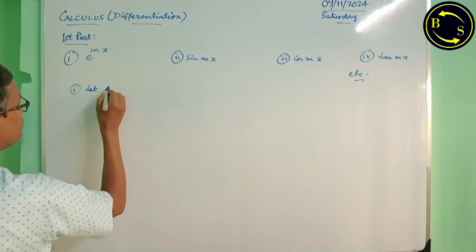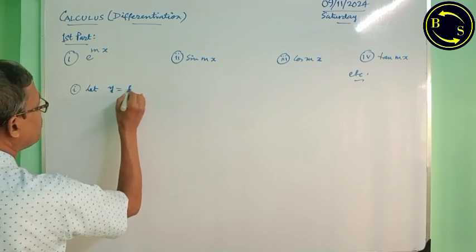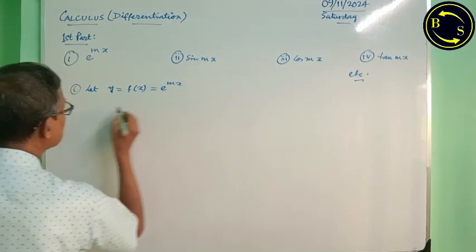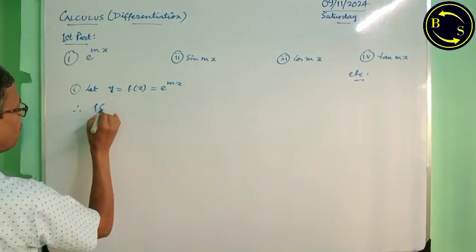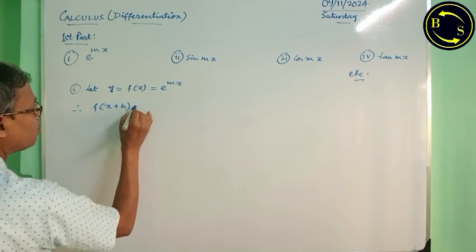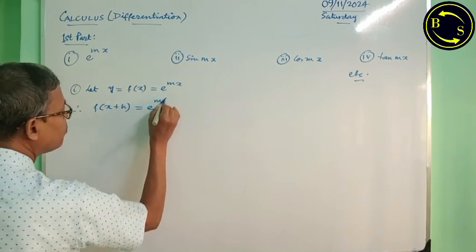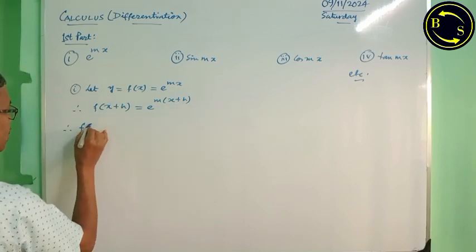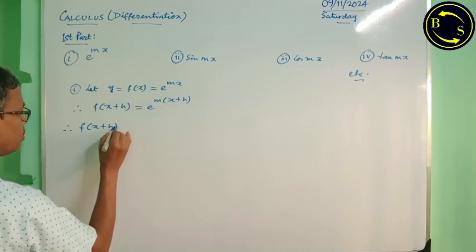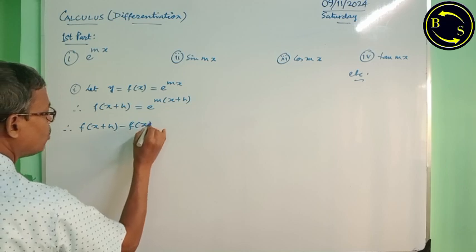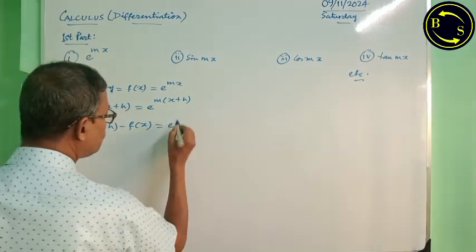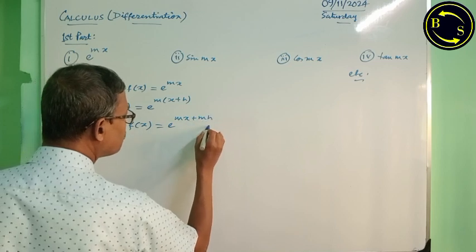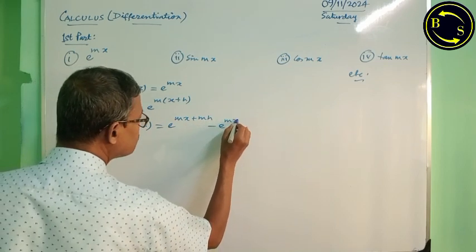Let y equal to f(x) equal to e to the power mx. Therefore, f(x plus h) equal to e to the power m(x plus h). Therefore, f(x plus h) minus f(x) will be equal to e to the power mx plus mh minus e to the power mx.